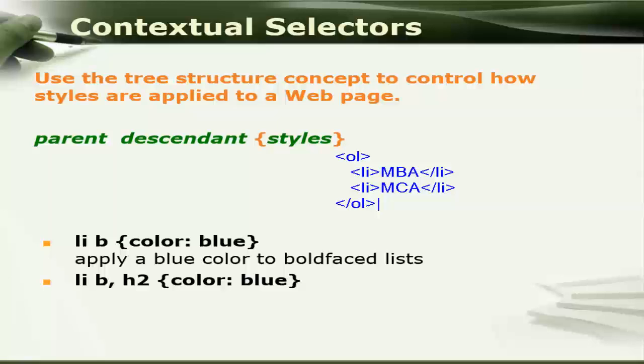Now li is the element. Now how is it going to appear on the screen? If you run it, it is going to appear as 1, NDA, and then 2, NCA. This is how it's going to appear when you see it in the browser.